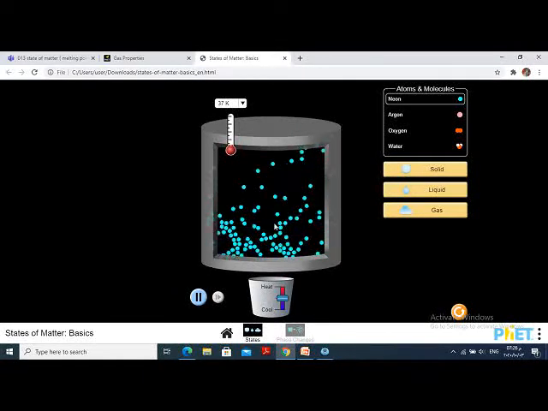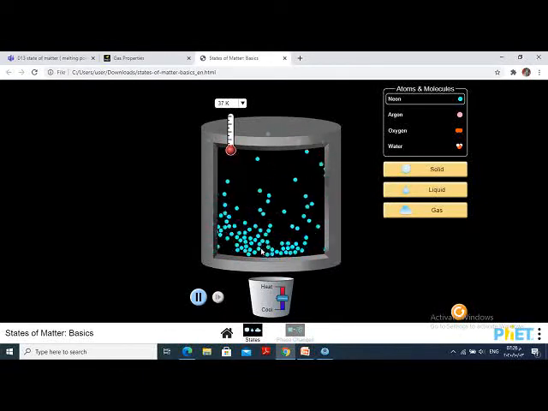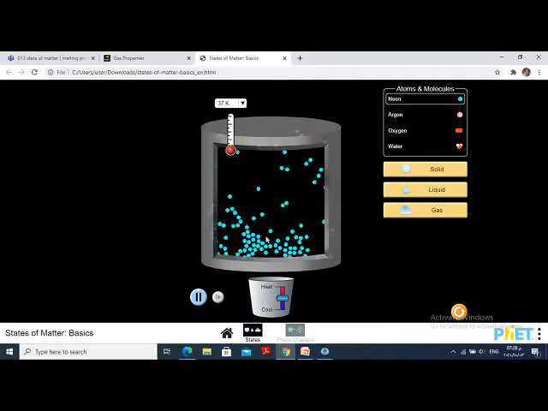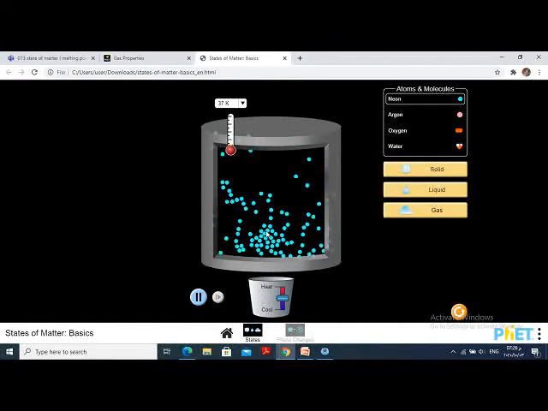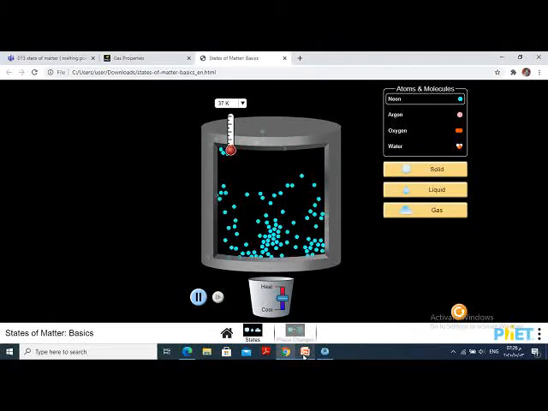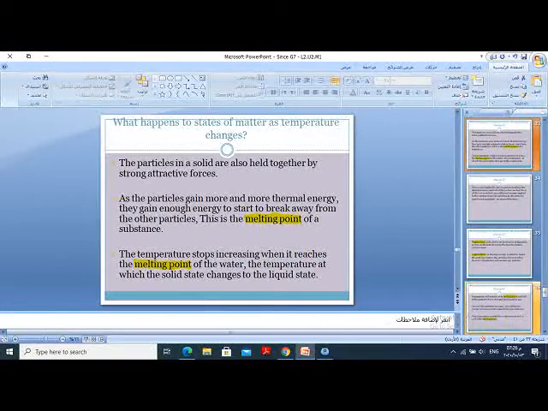So the temperature stops increasing at the melting point.